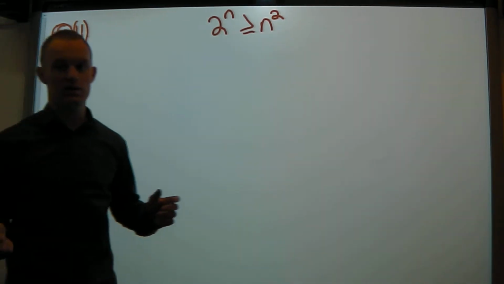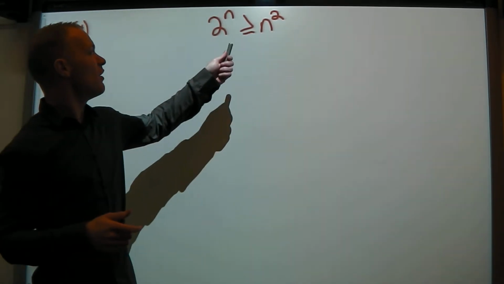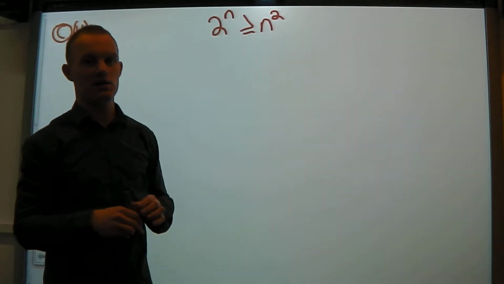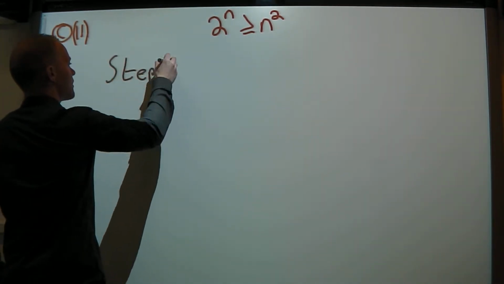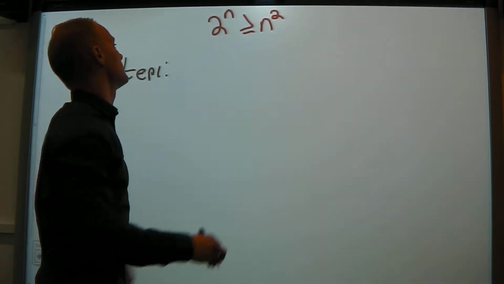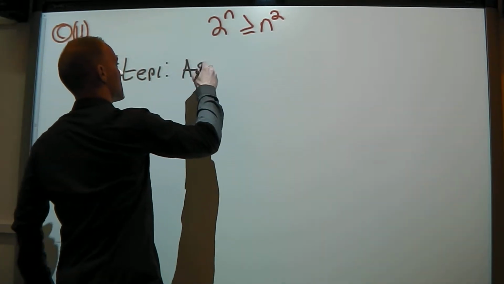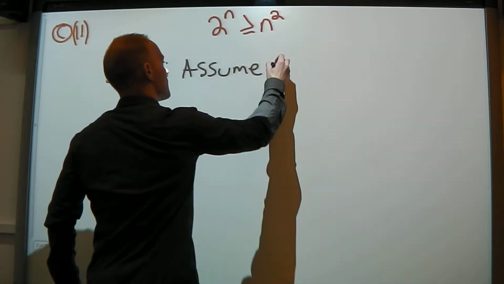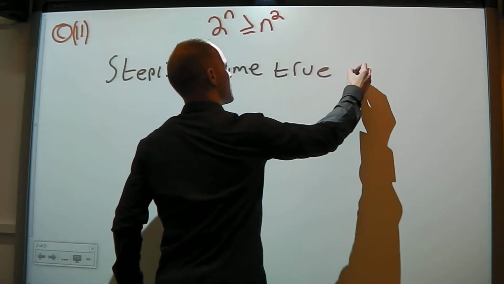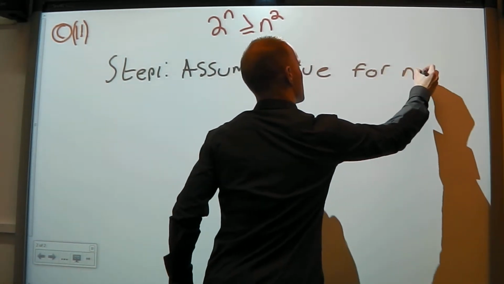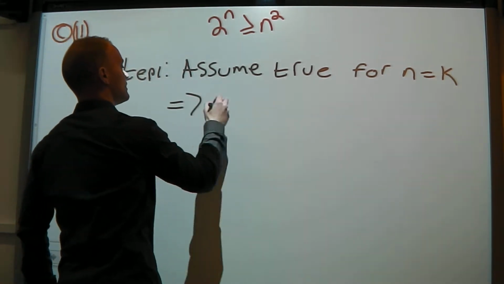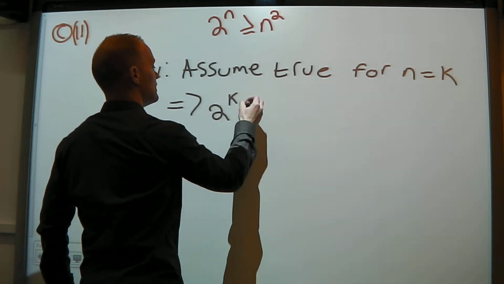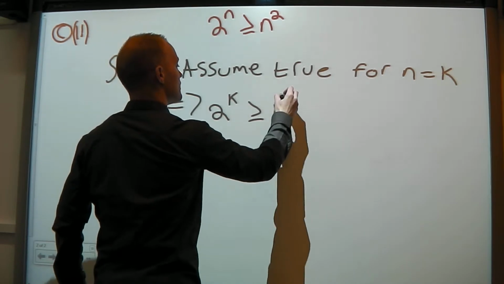So here we also have to prove that 2 to the power n is greater than or equal to n squared. Now for step 1 in this situation, we have to assume true for n equal to k. And that implies that 2 to the power of k is greater than or equal to k squared.